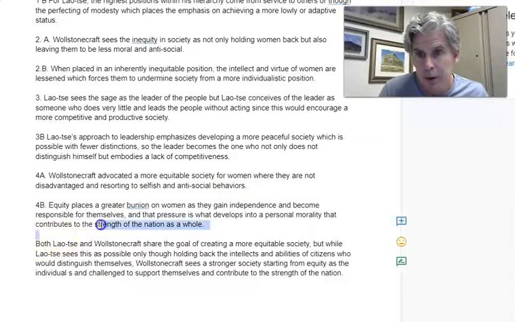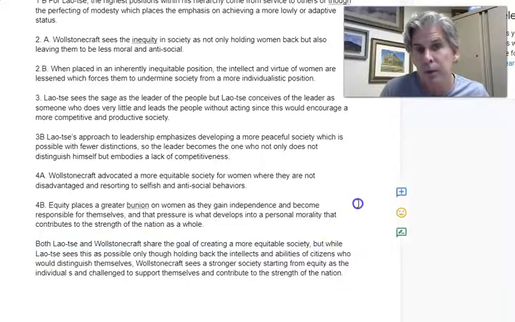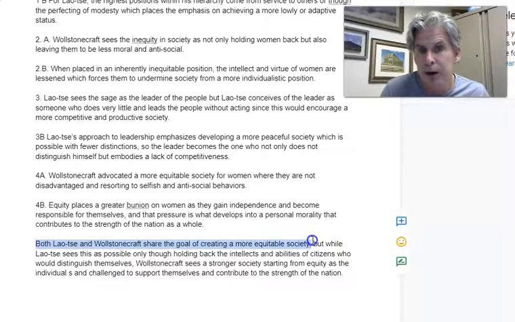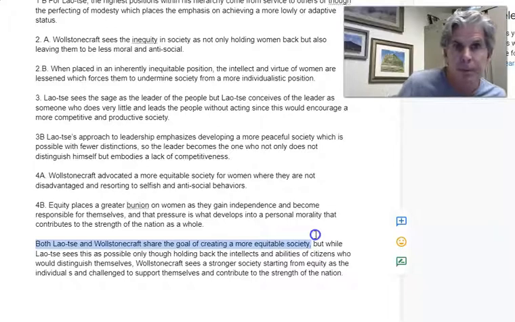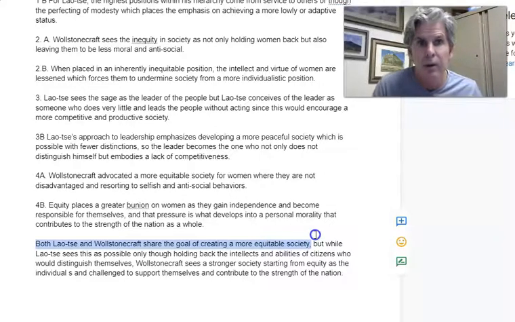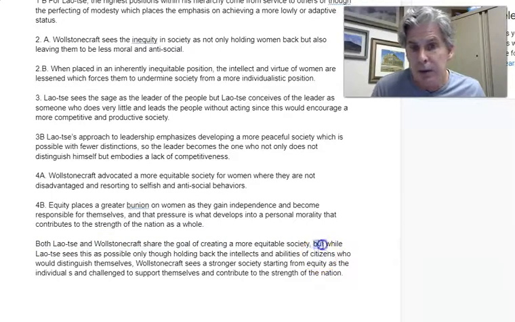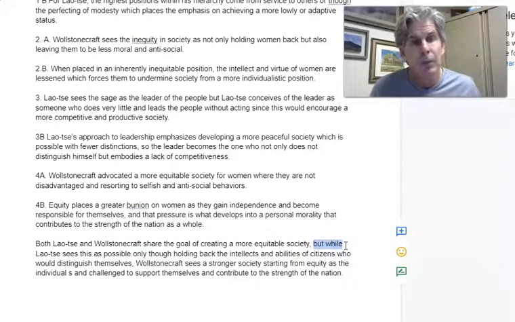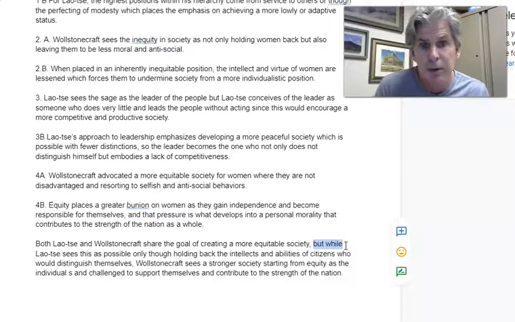Both of them do this together. And it doesn't matter if you're dealing with Plato and Machiavelli, or Wollstonecraft and Lao Tzu, or Lao Tzu and Machiavelli, or whichever two, find something that they have in common. And then this little thing, but while: the comma but sets up another independent clause.